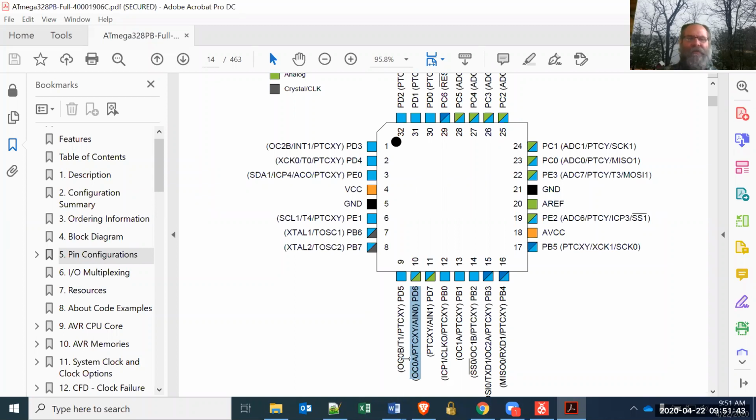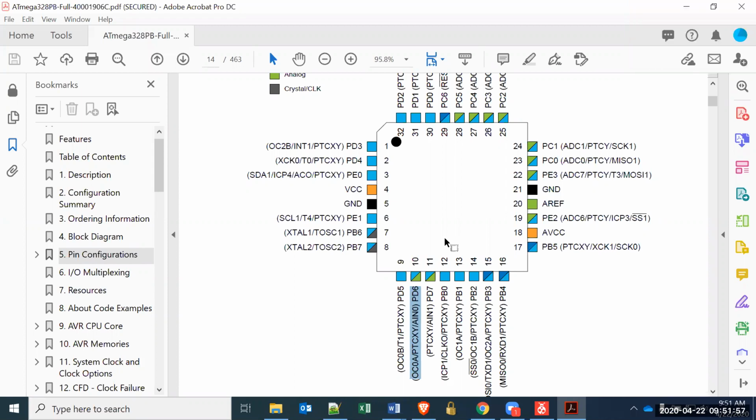What bit is green on? Anybody? Just want to see if people are there. Is it D5? Well, what port is it on? It'd be on port D. Oh, it's port B, isn't it? It's definitely port B, and it's bit 1.